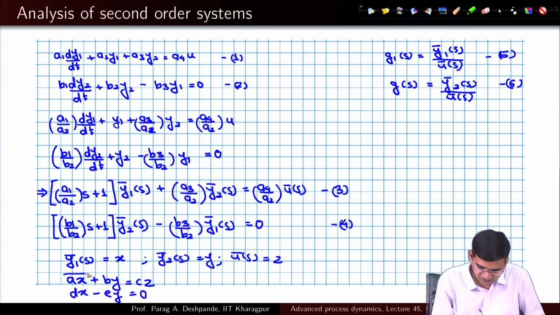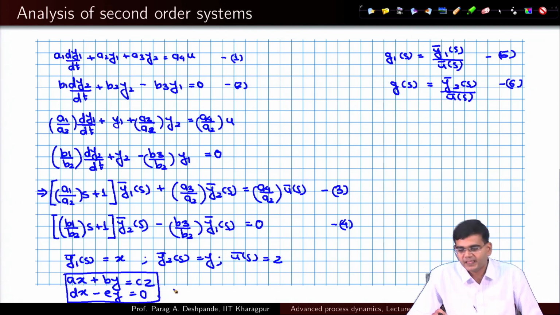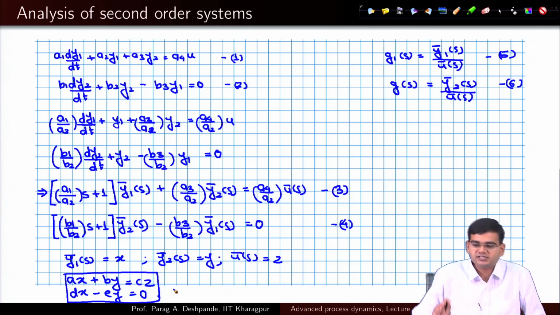This is the functional form of the two equations given by equations 3 and 4, where A is A1 by A2 S plus 1, B is A3 by A2, C is A4 by A2, D is B1 by B2 S plus 1 and E is B3 by B2. So, you will solve for x and for y, which means you will solve for y1 bar of s and y2 bar of s, and you will get this transfer function.